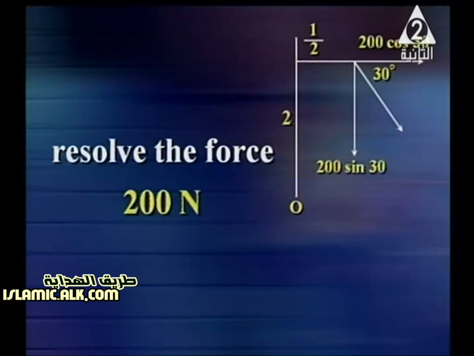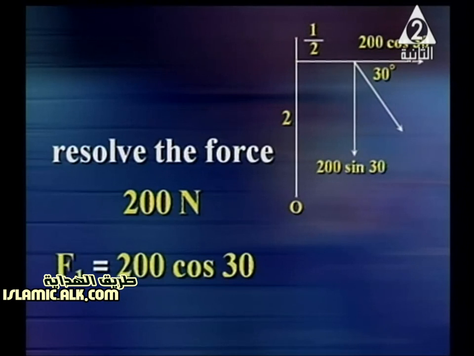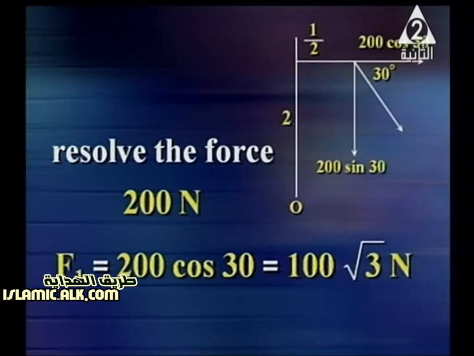Look at, dear student, we resolve the force 200 into two components, x-axis and y-axis: 200 cosine 30 in the x-axis, 200 sine 30 in the y-axis. F1, 200 cosine 30, equals what? By substitution, cosine 30 equals root 3 over 2, multiplied by 200, equals 100 root 3 Newton.